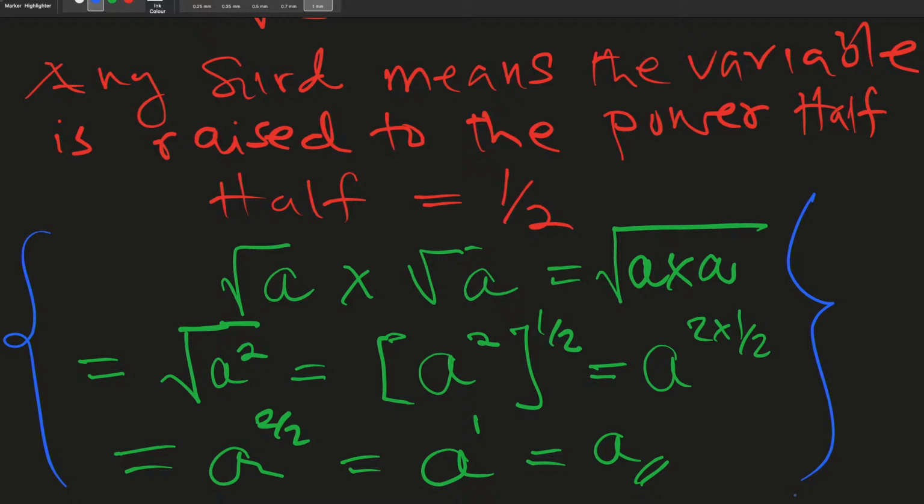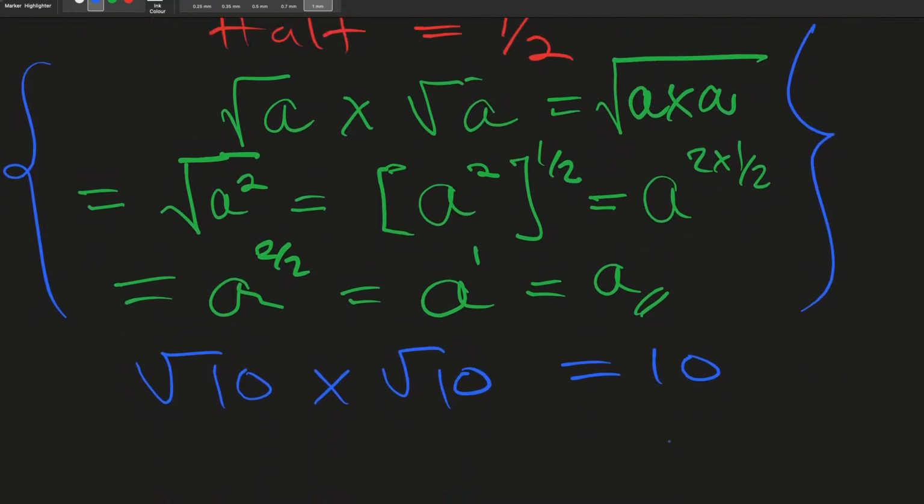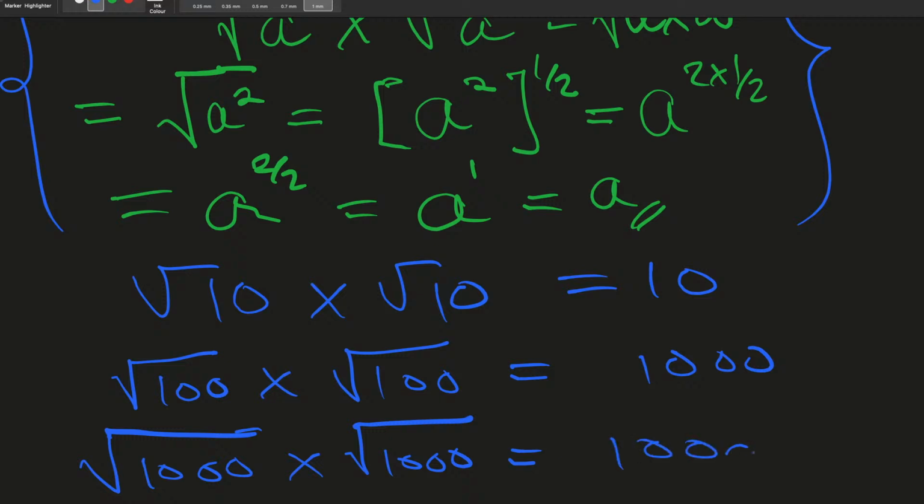But if you don't want all this complication, then all you need to know is that if I see root 10 times root 10, my answer is 10 because they are identical. If I see root 100 times root 100, which is surd 100 times surd 100, it is 100. If I see surd 1000 times surd 1000, since they are the same values, the answer is 1000.